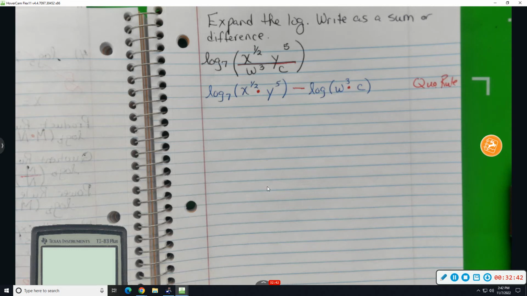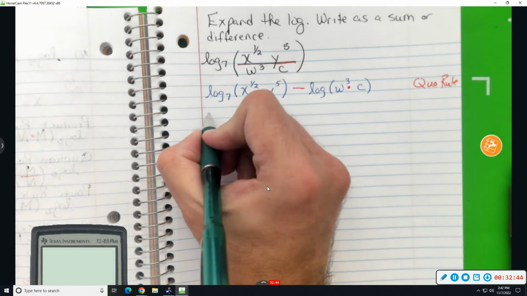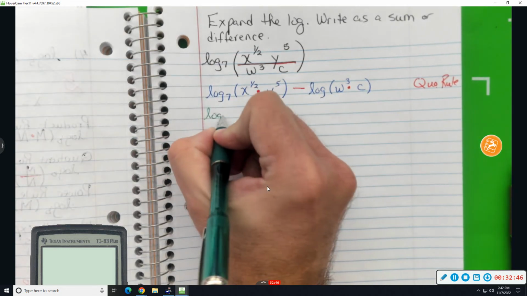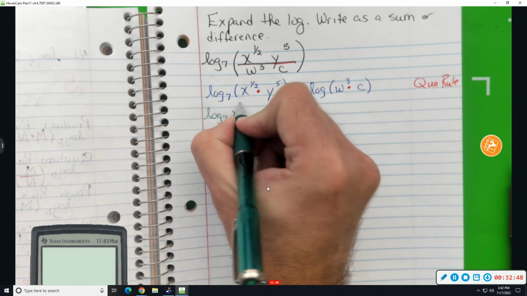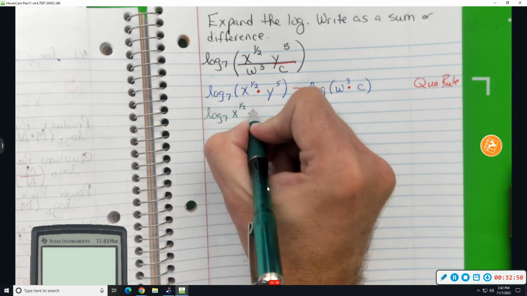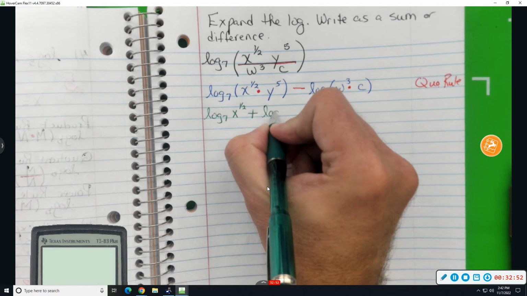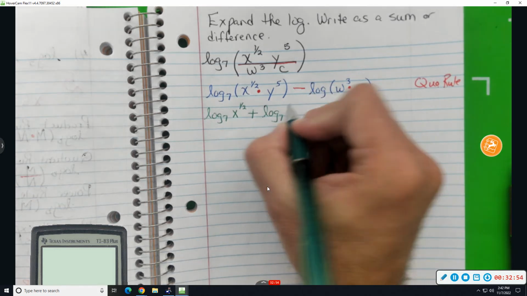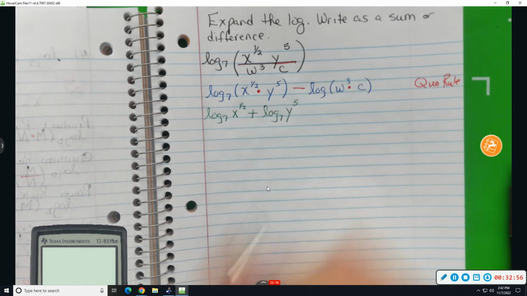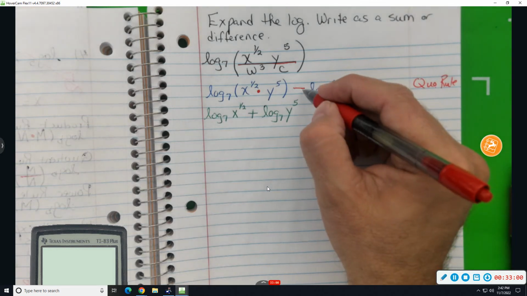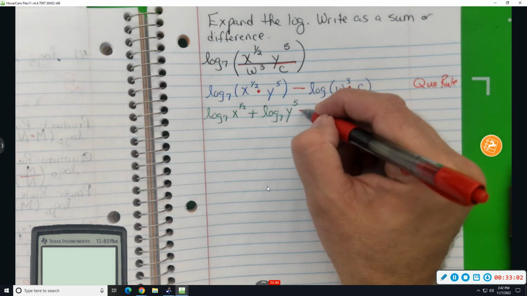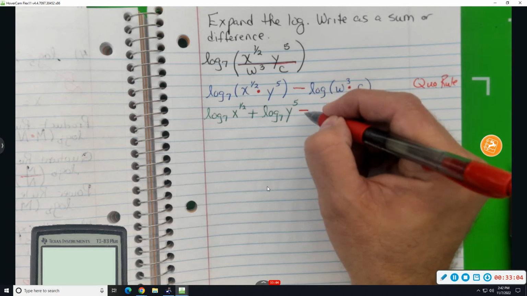So it's going to be log base 7 of x to the 1/2 plus log base 7 of y to the 5th. Now the red minus I'm about to write is the one that's just right here. I'm carrying it down.